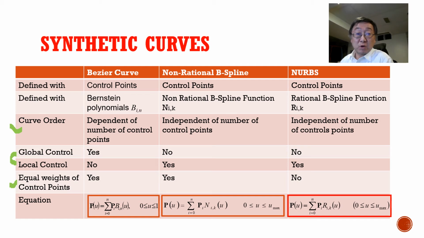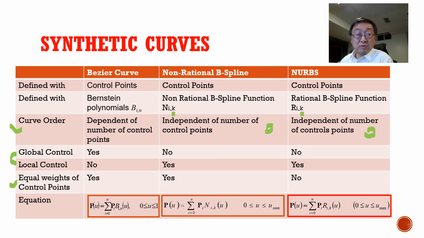That's one of the weaknesses of the Bézier curve. The non-rational B-spline curve and NURBS introduced a new parameter called curve order, K. K is independent of the number of control points.